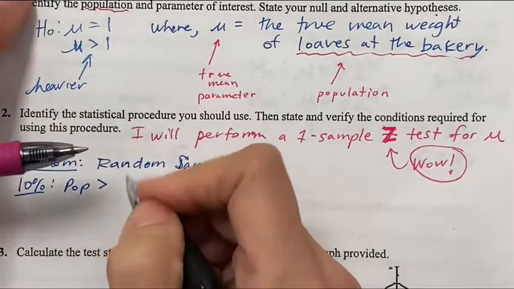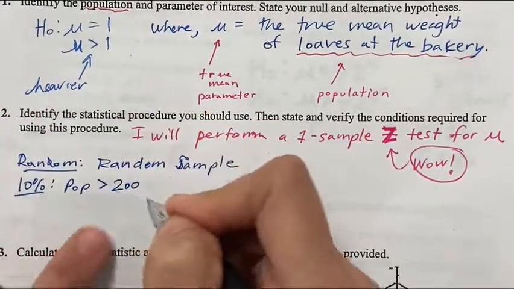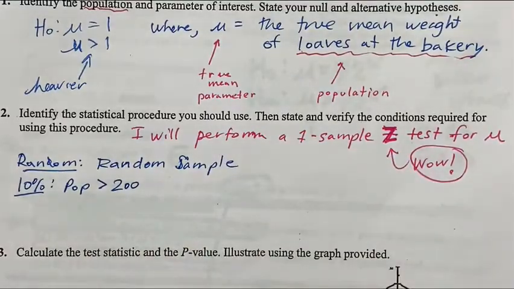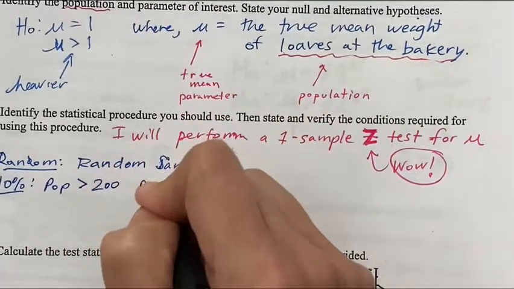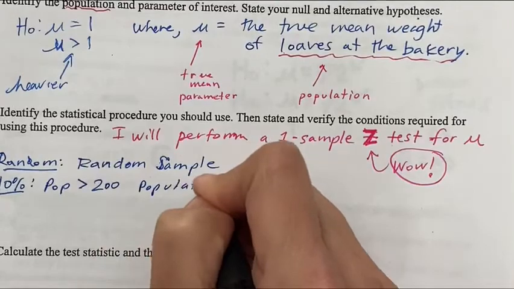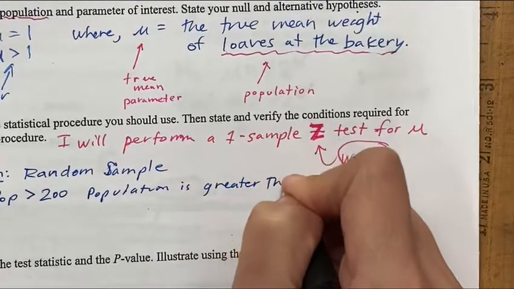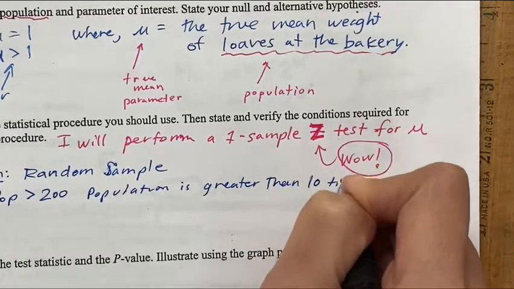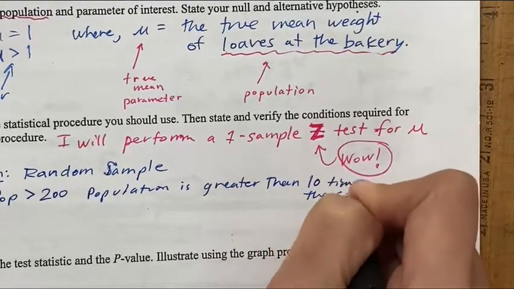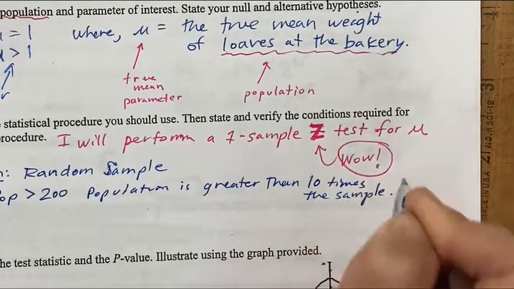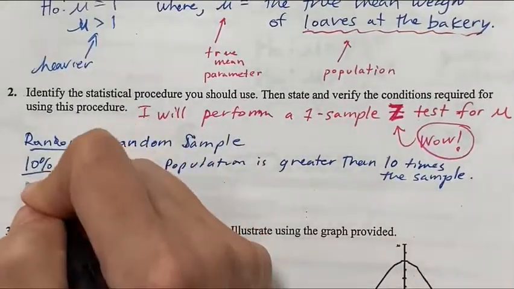The sample size is 20. Population, I'm hoping this bakery makes more than 200 loaves. Okay.